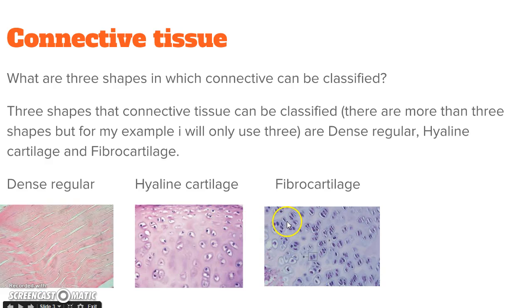The fibrocartilage is identifiable because, as you can see, all of these nuclei are in rows. They're not very spaced out. They're kind of smushed together a little bit, and they're little cliques almost. And they are like that because fibro is like a row.